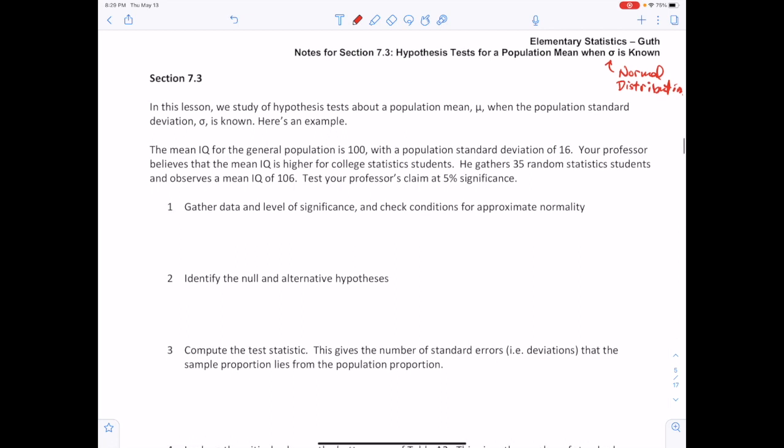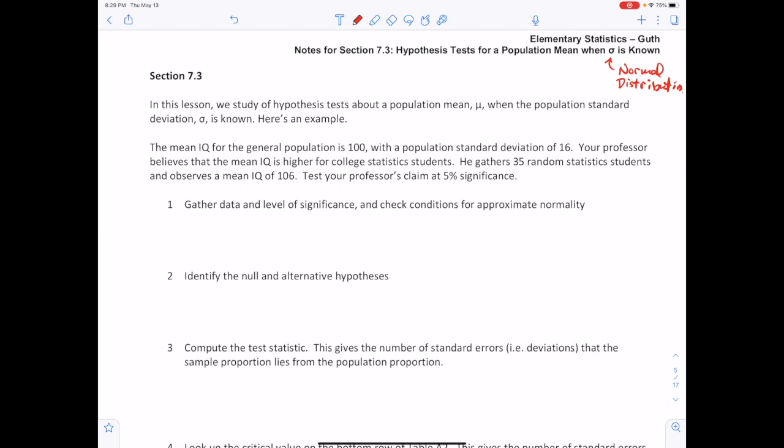Okay, now let's just go ahead and start this off. So 7.3, in this lesson we study hypothesis tests about a population mean when the population standard deviation is known. This is not very likely. Population standard deviations require data from an entire population.